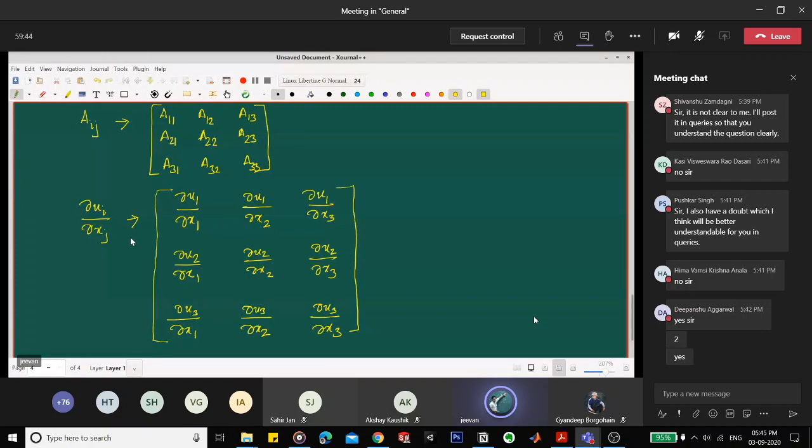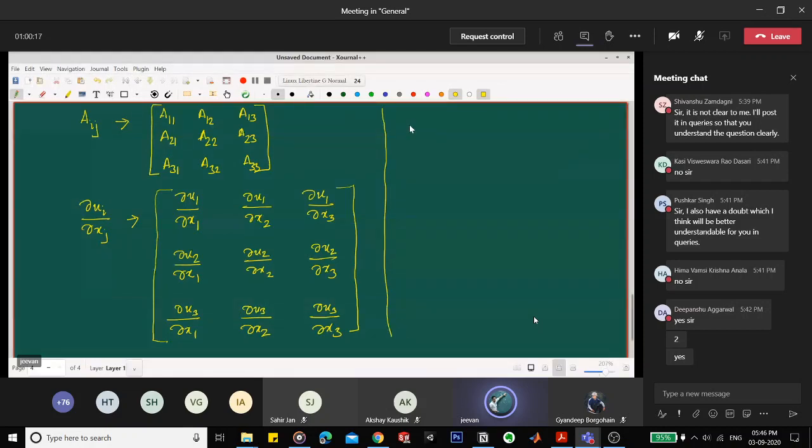Now, one possible doubt is that here the I was coming in front of the J, and so we were very confident about choosing which one should be the first index and which should be the second index. But here, this I is in the numerator and J is in the denominator. I have taken the I, the one in the numerator, as the first index and J, the denominator, as the second index. Now, it could have been a little bit tricky, just psychologically speaking.